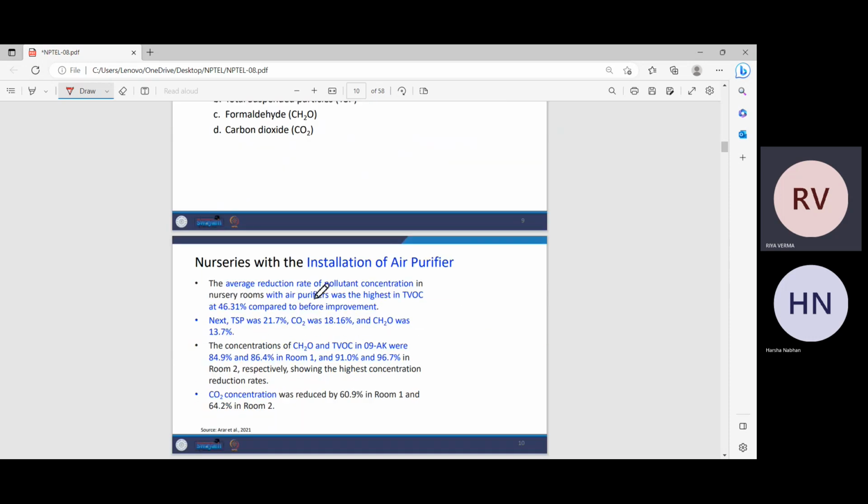The average reduction rate of pollutant concentration was the highest in TVOC at 46.31%. The VOCs were approximately half as compared to before the improvement. Next, suspended particulates were reduced by 21.7%. Then CO2 by 18.16%, and formaldehyde by 13.7%.